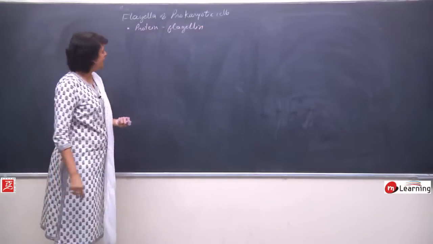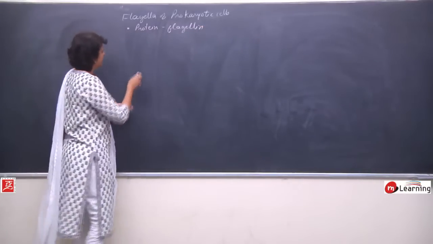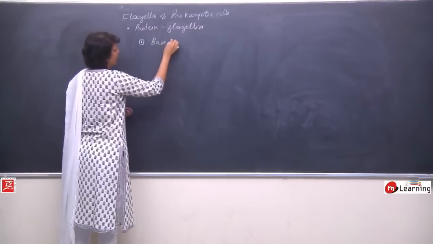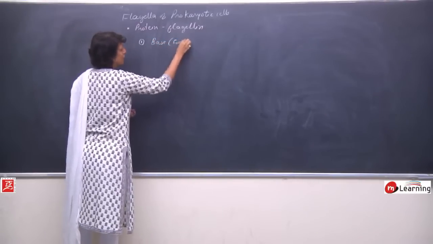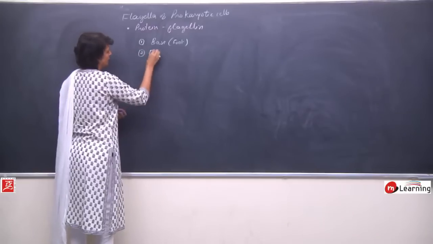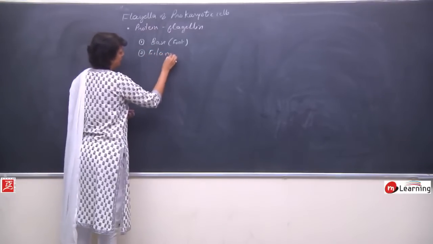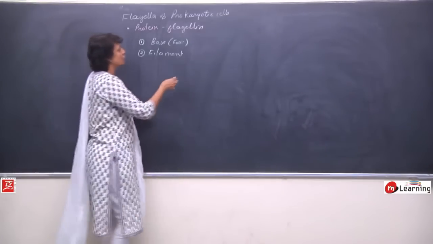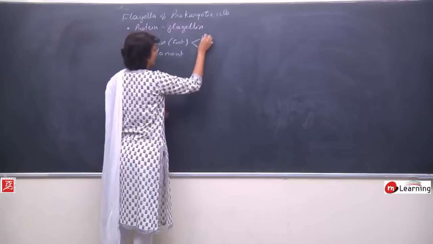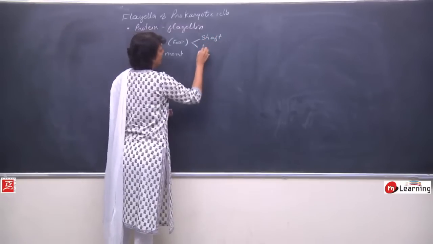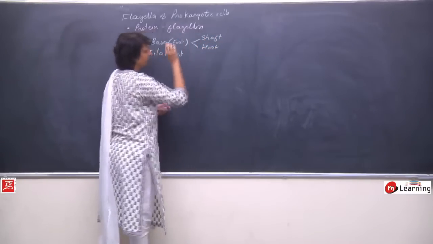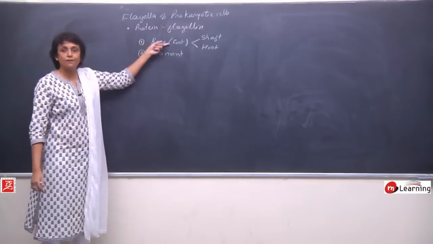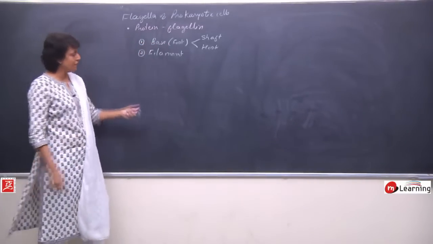And the flagella has two parts, a base, which is also known as foot, and filament. The base part again has two parts, the shaft and hook, and then filament. So basically speaking, there are three parts. There is a shaft, there is a hook, and there is a filament.